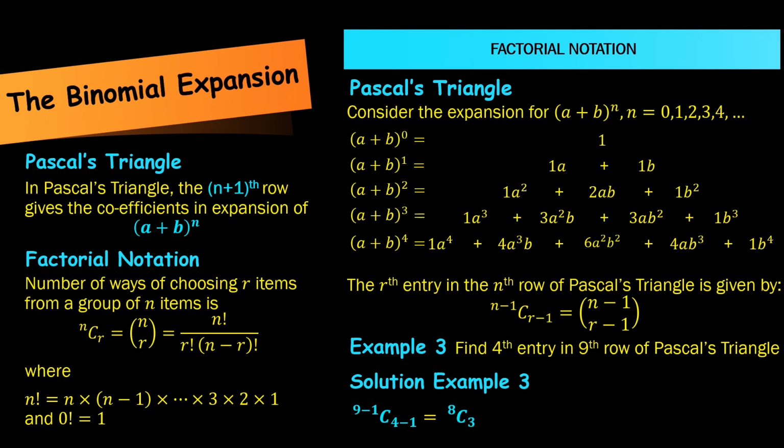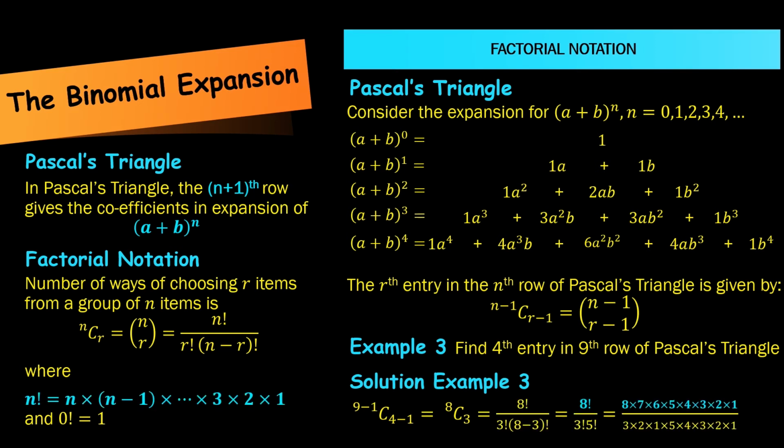And this is of course 8 choose 3. And plugging in the values in our formula gives us 8 factorial over 3 factorial times 8 minus 3 factorial, which is 8 factorial over 3 factorial times 5 factorial.